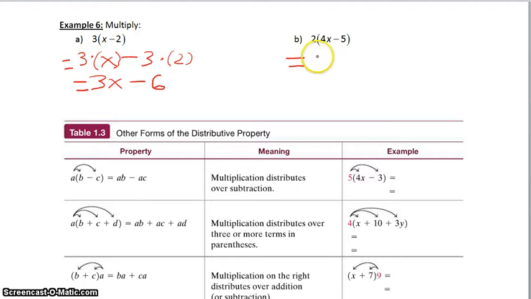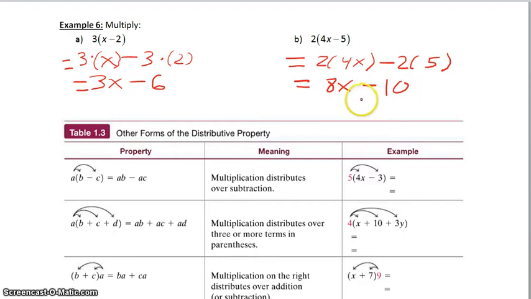So we will have 2 times 4x minus 2 times 5. 2 times 4x is actually 8x minus 2 times 5, which is 10. There are no like terms here, so we are done.